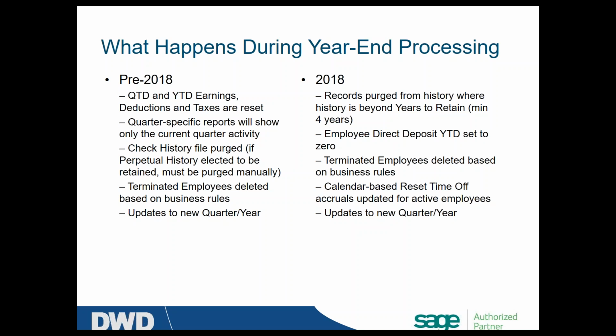If you've got check history, that may be purged out unless you are electing to retain perpetual history. Terminated employees will be deleted based on what is called business rules. And this happened a few years ago where Sage added the option to maintain history for a minimum of 2 years for terminated employees.